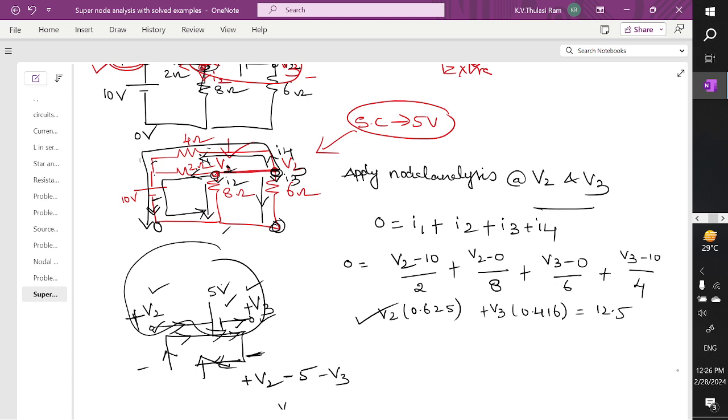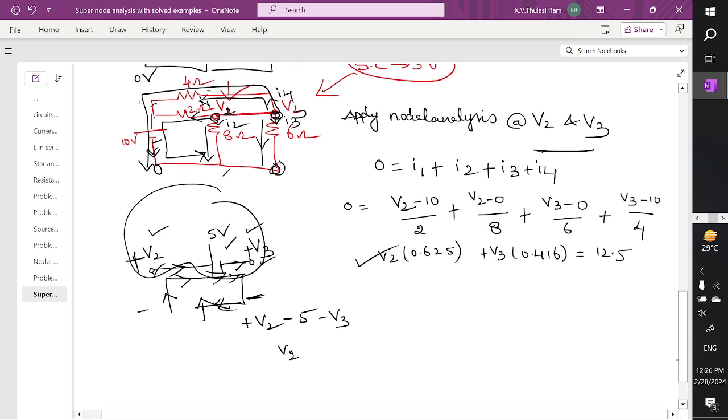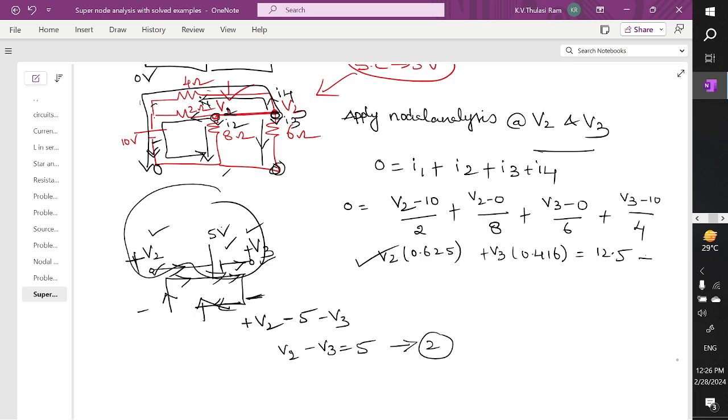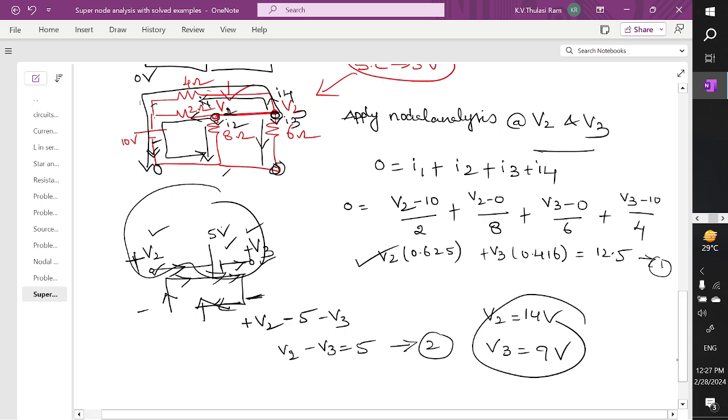From here you can write V2 minus V3 is equal to 5. This will act as equation number 2, and this as equation number 1. So try to solve equations 1 and 2. Then the answer is V2 is equal to 14 volts and V3 is equal to 9 volts.